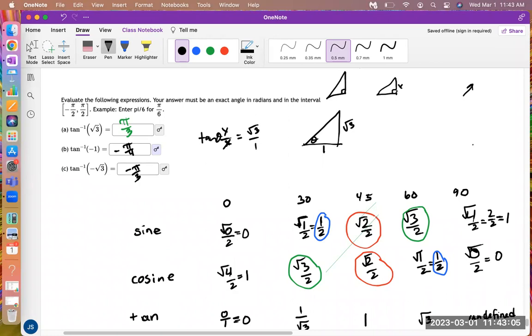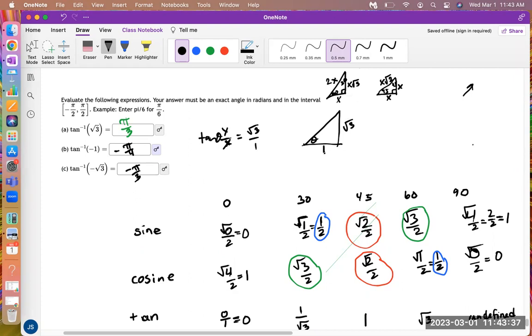For the 45, 45, 90 triangle, the sides are x, x, x√2. For the 30, 60, 90, the opposite of 30 is x, the opposite of 60 is x√3, and the opposite of the 90 is 2x.